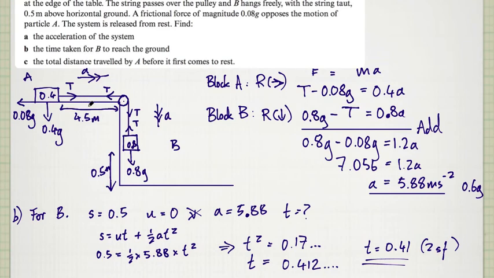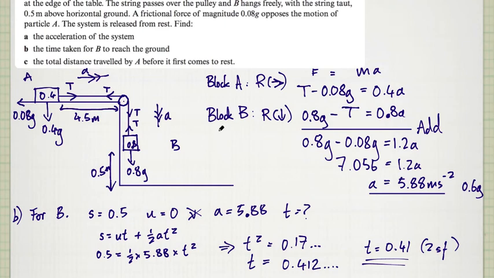And at that point, everything about the system changes, because it will no longer be being pulled forwards, because there will be no more tension in the string, because B has now hit the floor. So we are talking about this now moving forwards under its own momentum. That's the only reason it's moving forwards, and it still has this frictional force acting behind it.